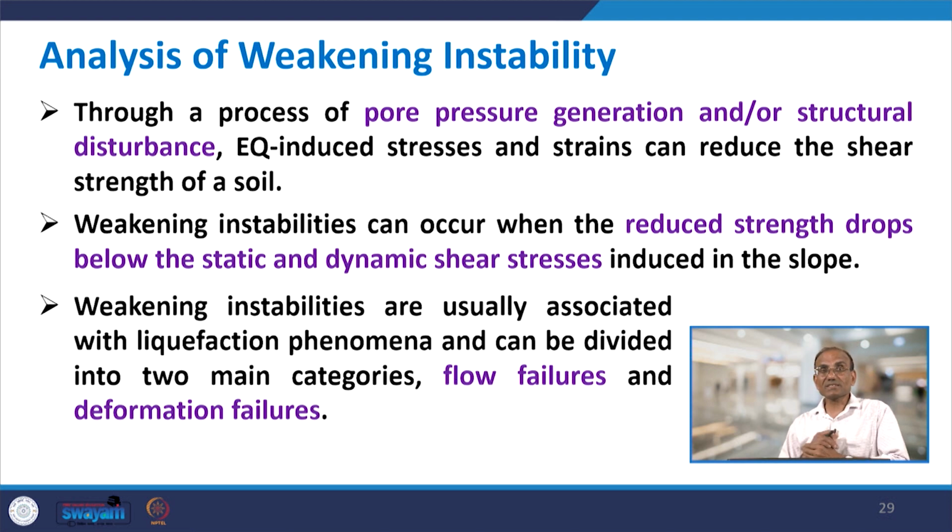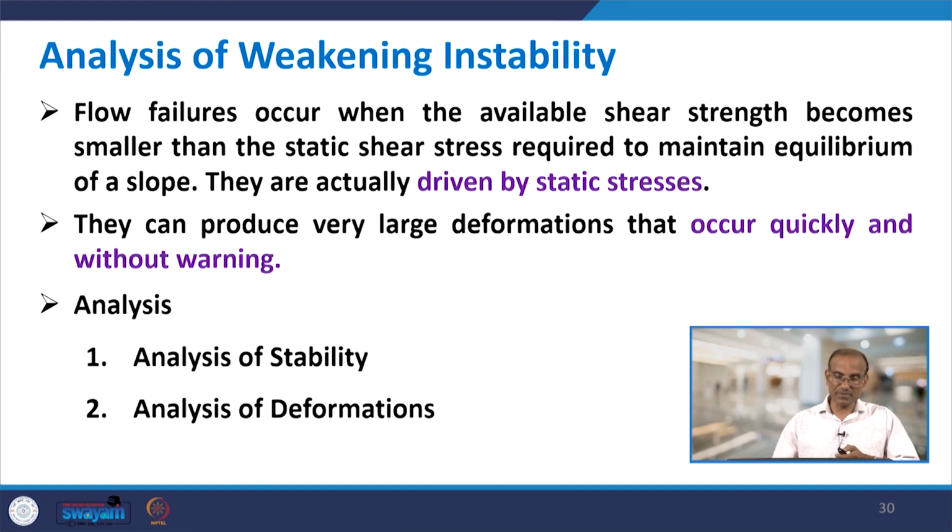Weakening instability can occur when the reduced strength drops below the static and dynamic shear stress induced in the slope. Weakening instabilities are usually associated with liquefaction phenomena and can be divided into two main categories. One is called flow failures and another is called deformation failures. Flow failures, flow liquefaction, and then you have cyclic mobility.